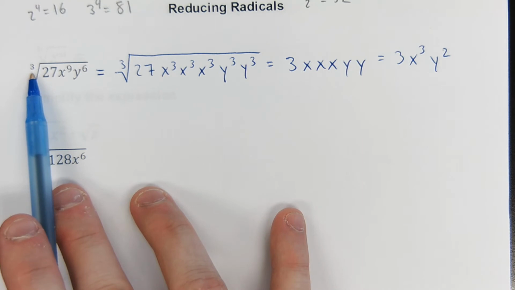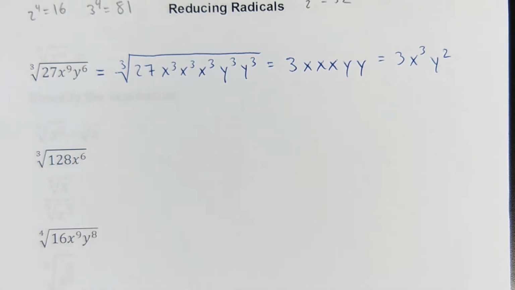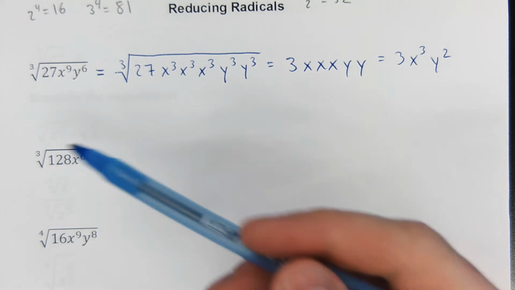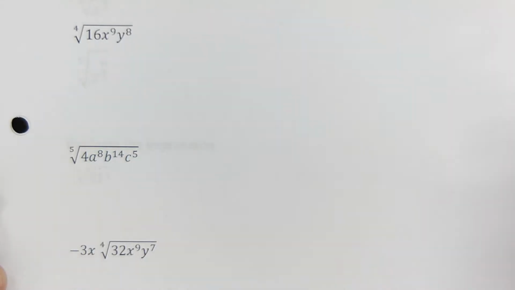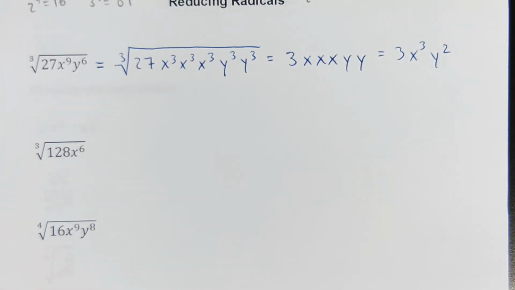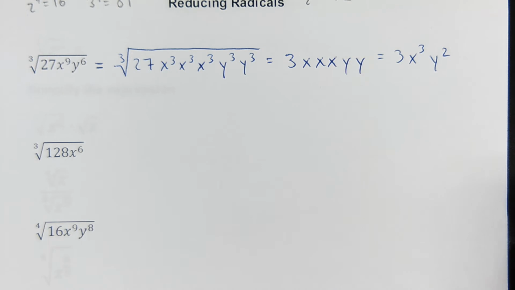And there is academic vocabulary for that root type that I'm going to be using from now on. That is called the root index. So you divide the exponent by the root index. This index is a 3, this index is a 3, this index is a 4, this index is a 5, so on and so forth. So from now on, I'm not going to be splitting them like that. That was just me showing you why the rule works.